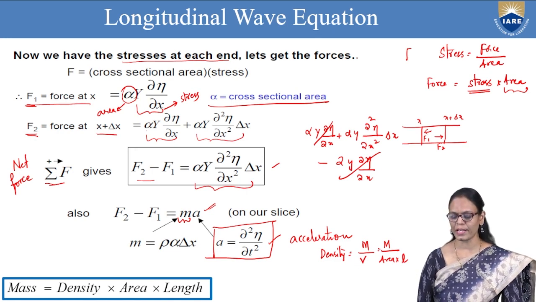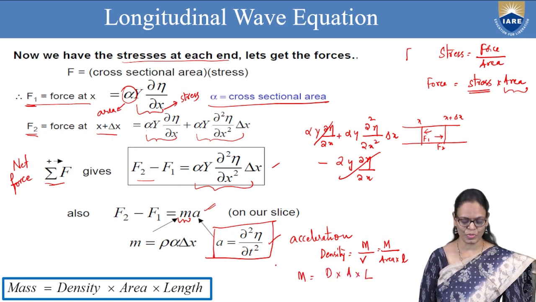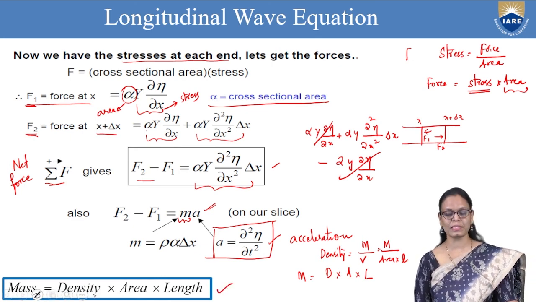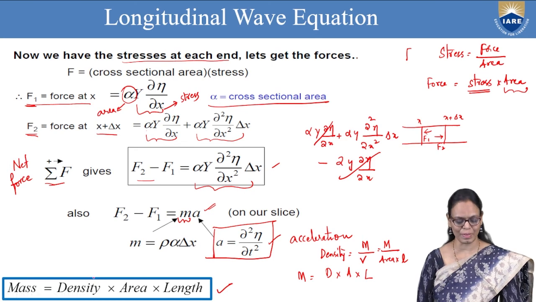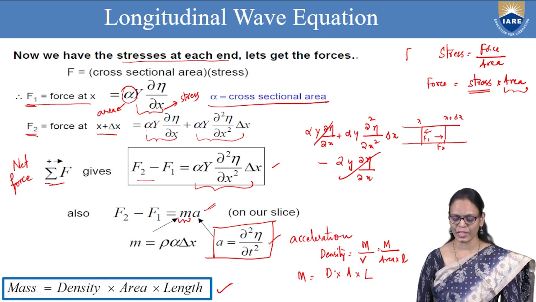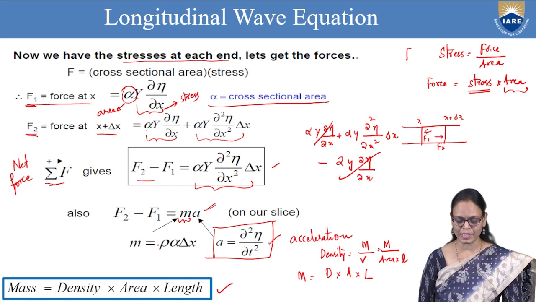So density is equal to mass upon area into length. If I want mass, I can write density multiplied by area multiplied by length. So this is the formula we are writing here. How are we getting it? From our basic formula, density is equal to mass by volume, so mass is equal to density into area into length. Here, let the density be represented by rho.